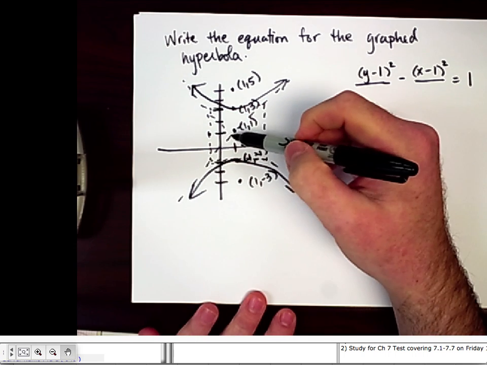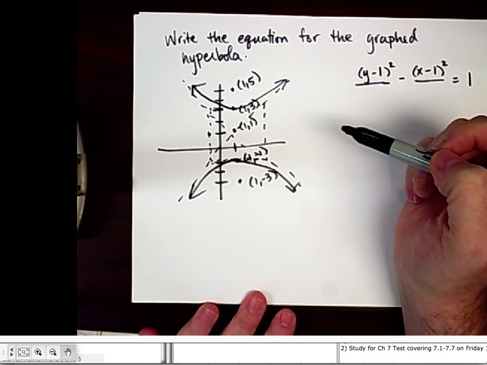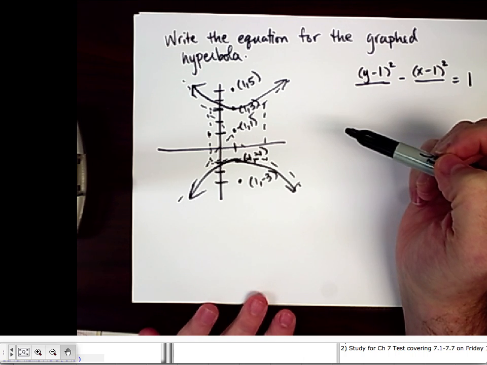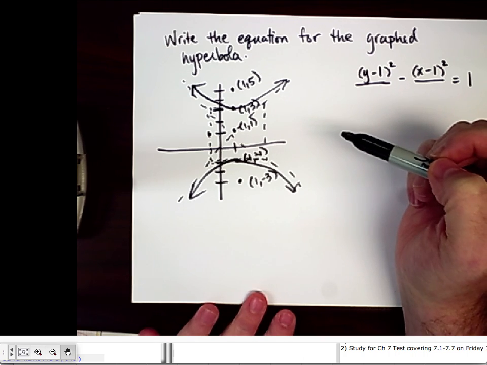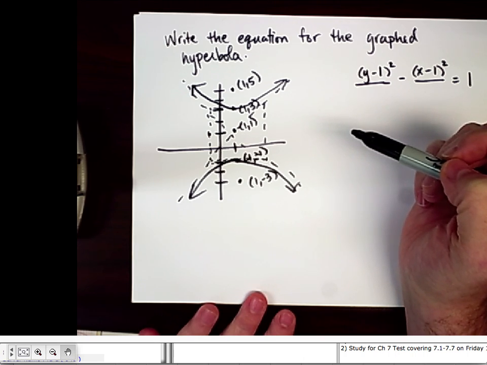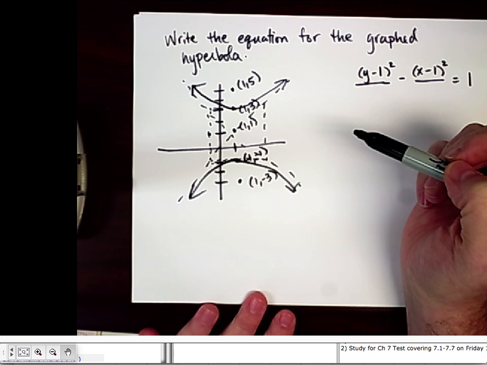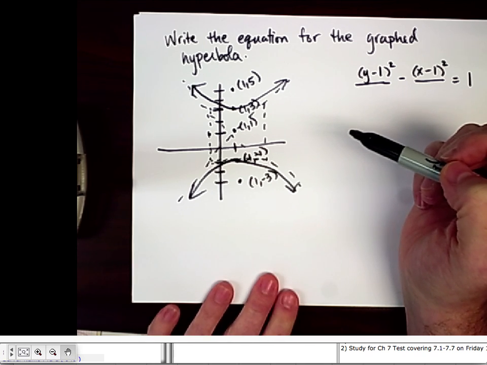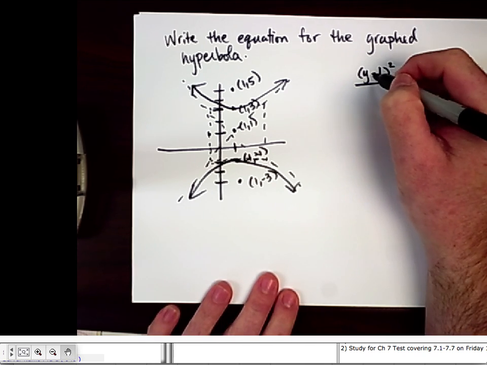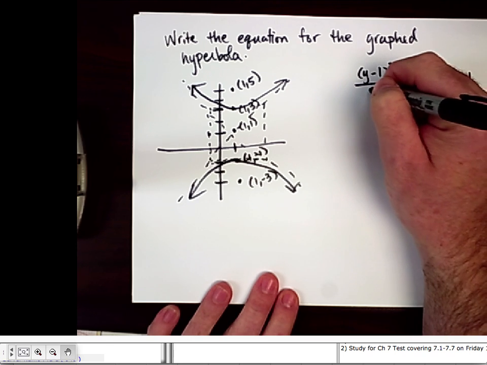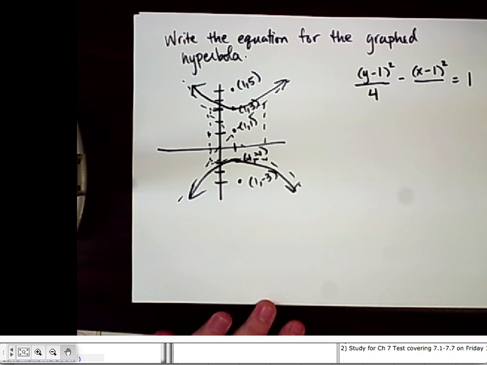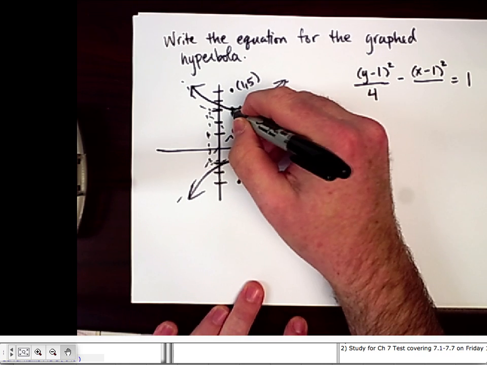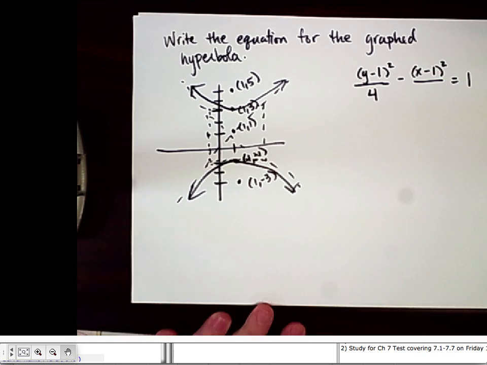How far up and down from the center did we go? 2. In the x direction or y direction? In the y. So under your y goes 2 squared, which is 4, because that distance was 2. 2 squared goes under y.